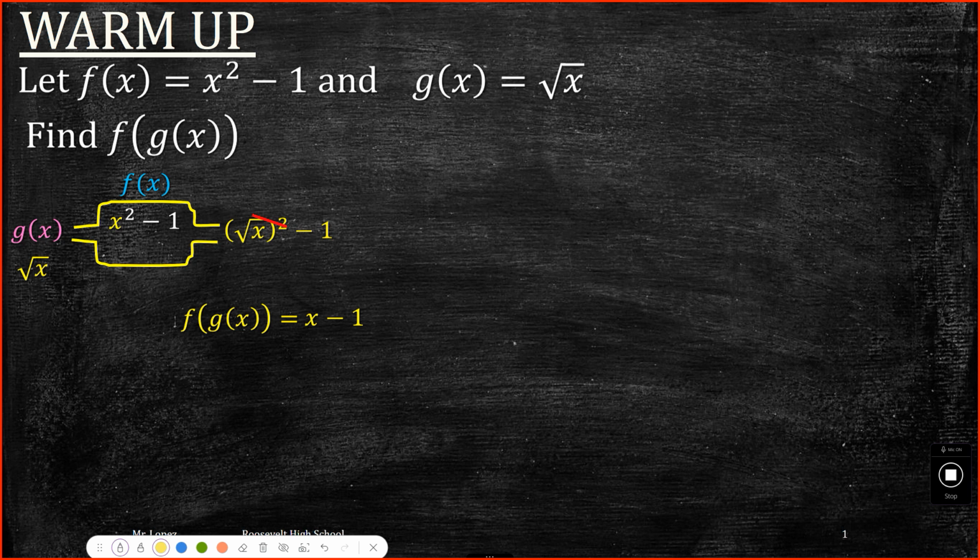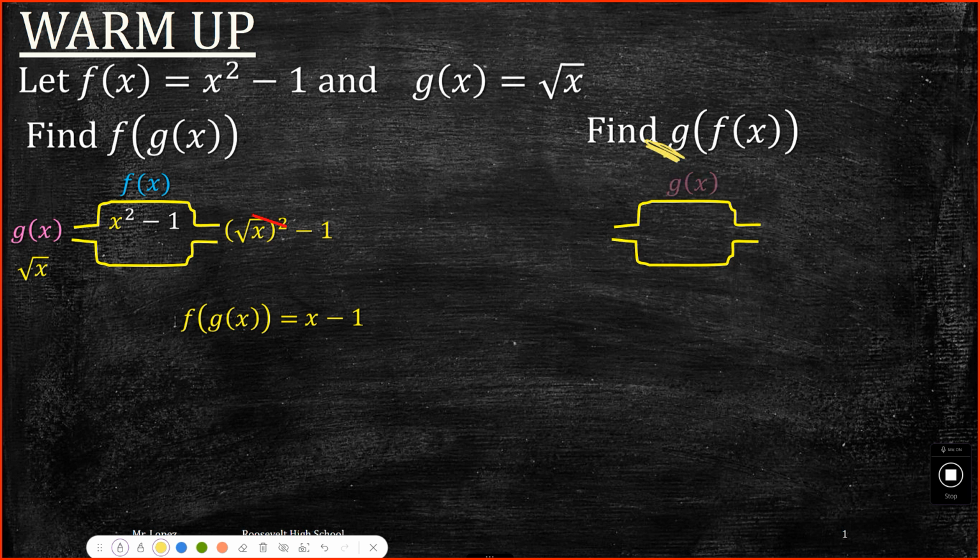All right. We can go backwards and have g eat up f of x, meaning that g is the outer function, the machine. We can find g composite f of x. So g is the outer function, g is the machine, f is what's going to go in. g is square root of x, f is x squared minus 1.